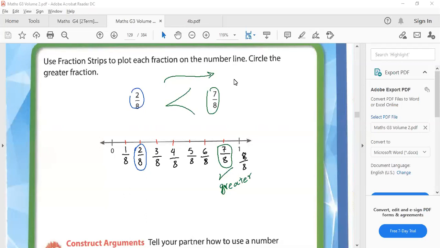This will be 0, and this one will be 1. So 0 over 4 will be 0. By the way, 0 divided by 4 equals 0. We know that this is 0. Then we end with 1, and 1 will be 4 over 4.